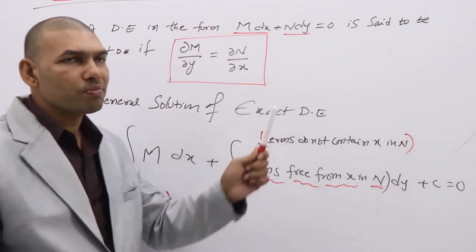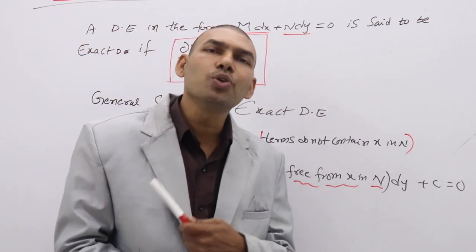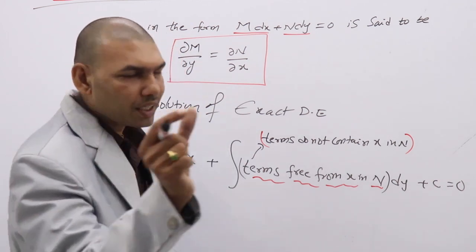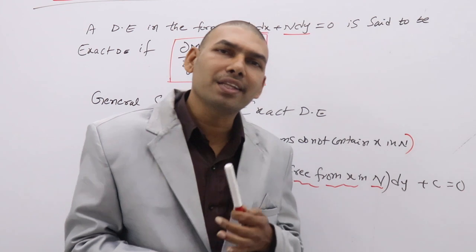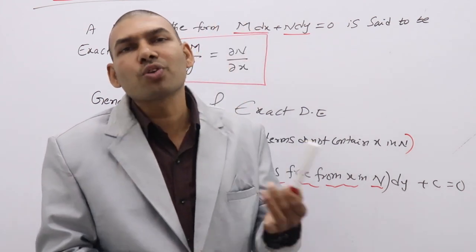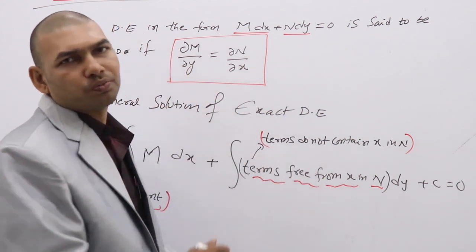If you have two terms in N, find out in which term you don't have x. That term only you need to write here. If you don't find that type of terms which do not have x, then simply keep 0 here.